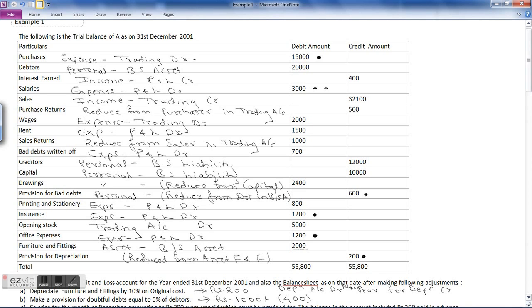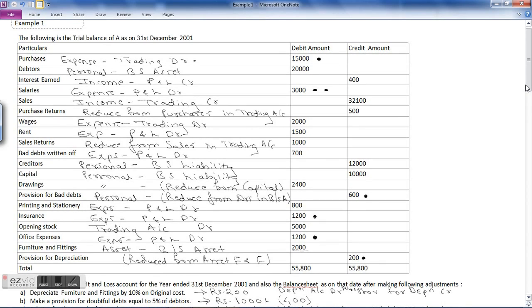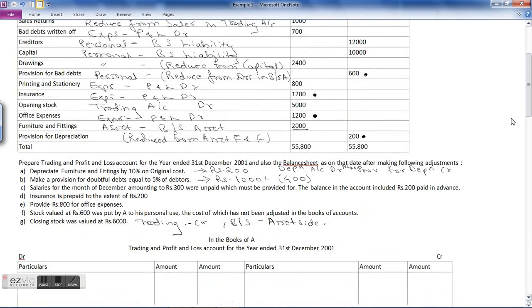Purchases, expense, trading account. Now if you see, there is one dot near the amount of the purchases, that is, there are some adjustments related to the purchases. Also there is a purchase return which needs to be reduced from the purchases. So we'll leave some space after putting the purchases expense. Purchases, trading account debit side, 15,000.